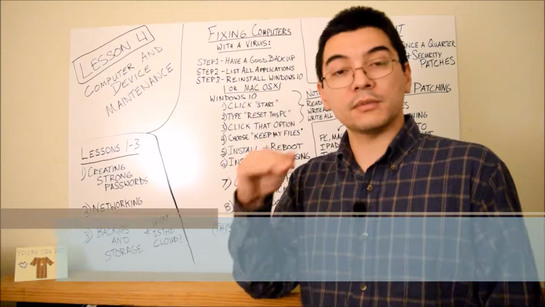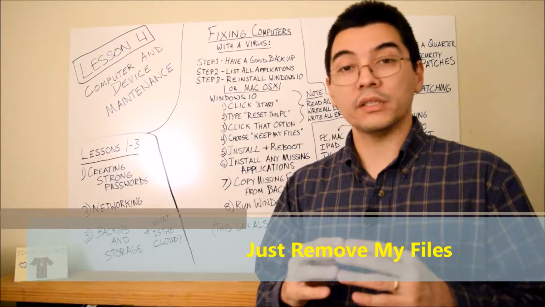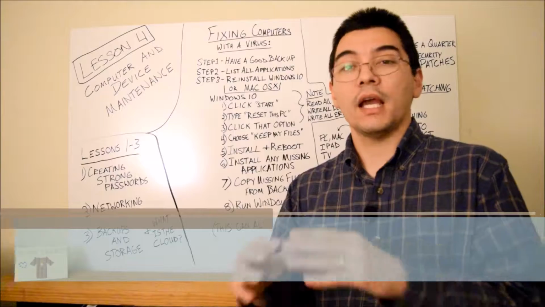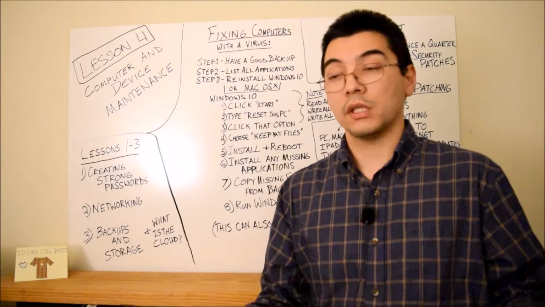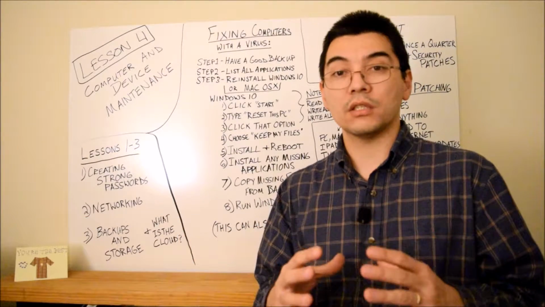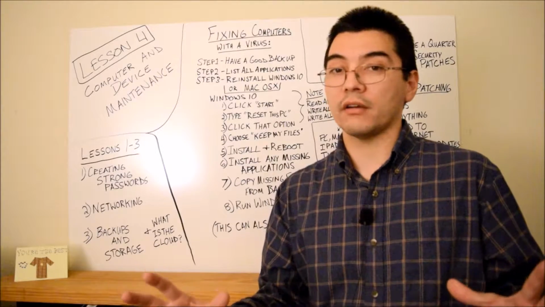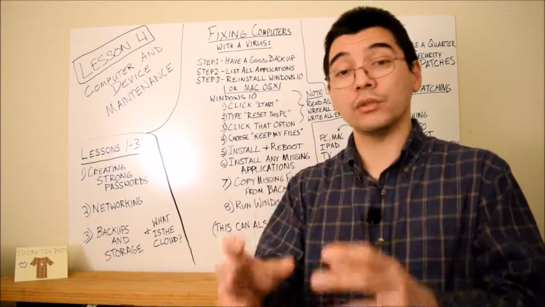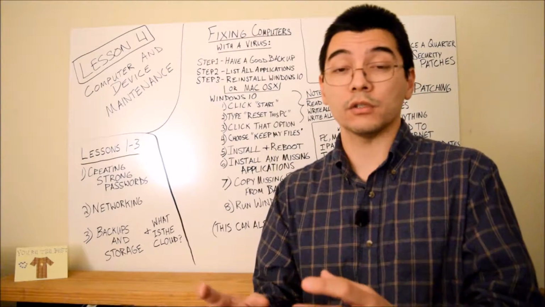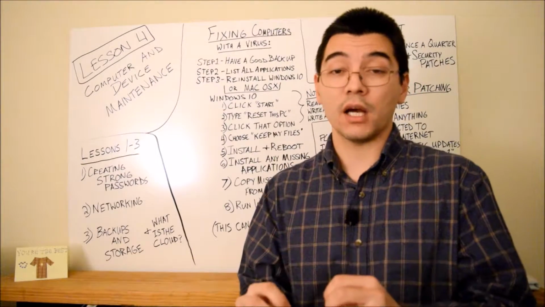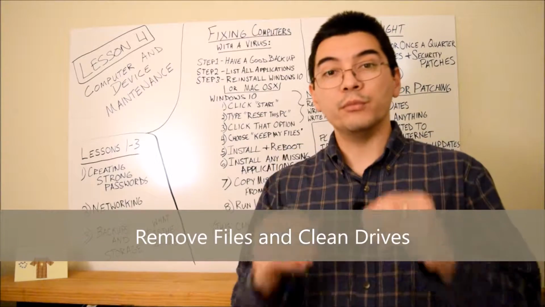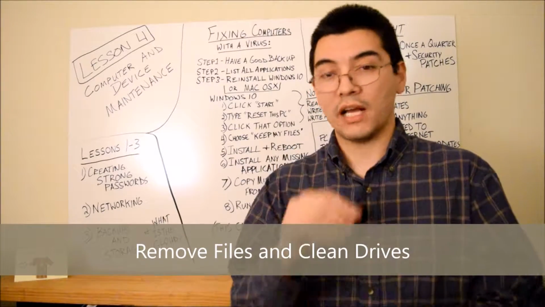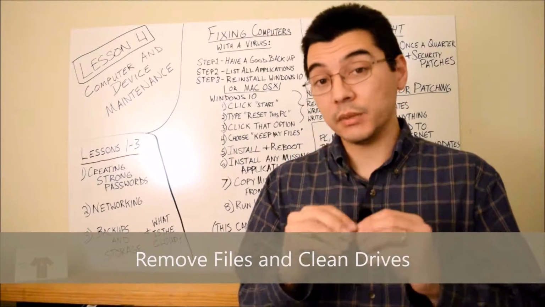You're going to choose the option that says Just Remove My Files. What it's going to do is delete everything and reinstall your Windows. That is a way to make sure that you've gotten every single virus off of your computer. Now, if you are going to sell your computer to someone else, you need to choose a different option. That option is Remove Files and Clean Drives. This is a little bit different.